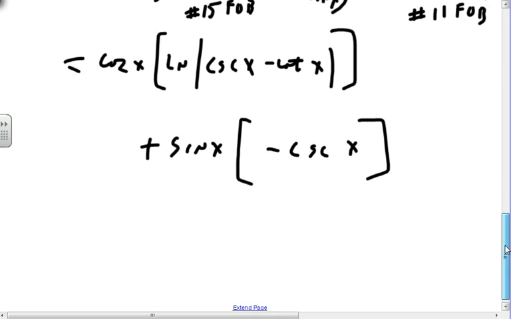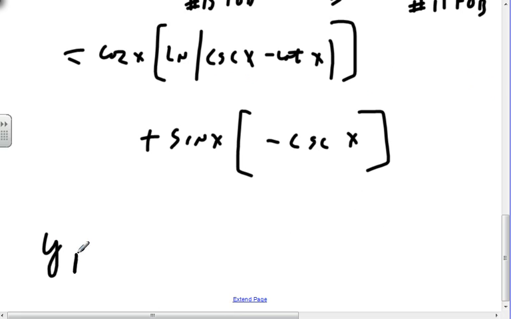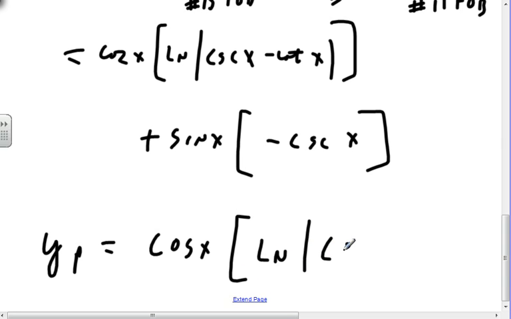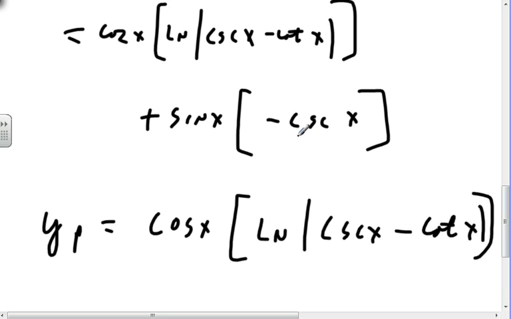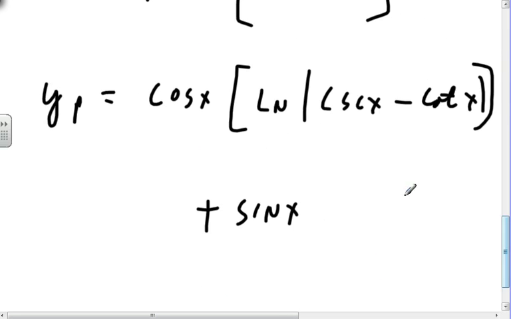All right. So now y sub p is cosine x natural log absolute value cosecant x minus cotangent x plus sine x. Now, the cosecant is 1 over sine, so this just becomes minus 1, right?